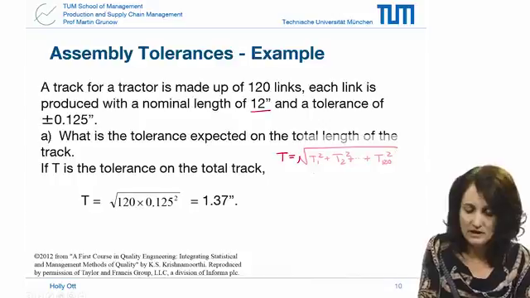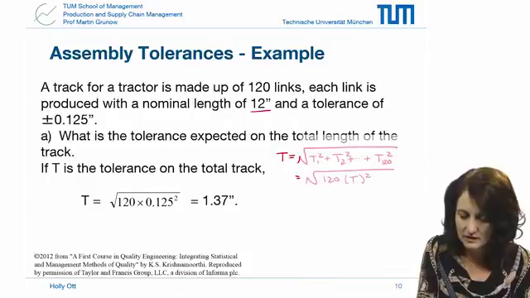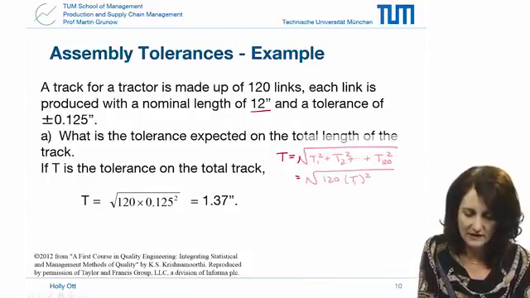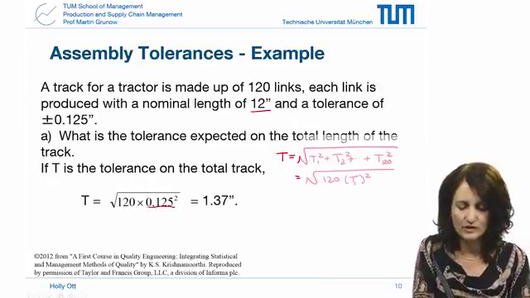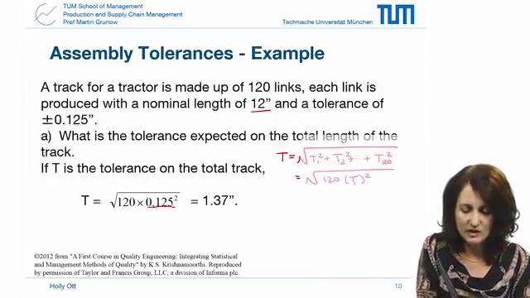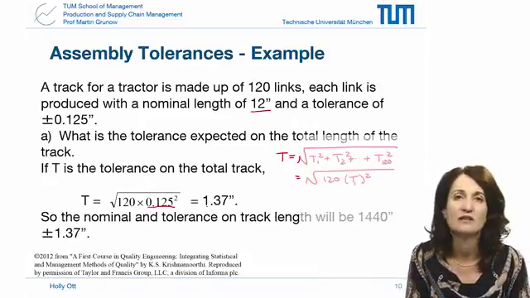Oh, they're all the same. So that is the same as saying 120 times T1 squared. They're all the same, and that T1 is 0.0125 inches. And you end up then with the value of 1.37 inches.